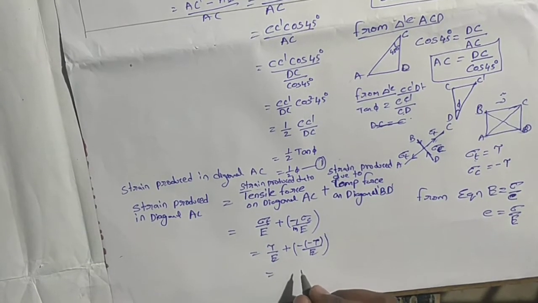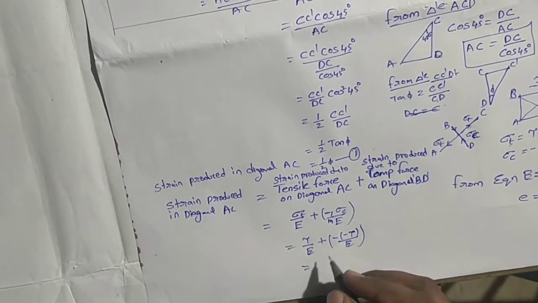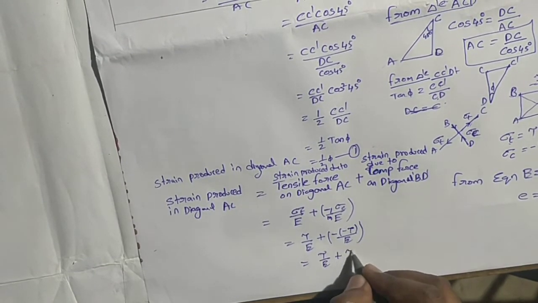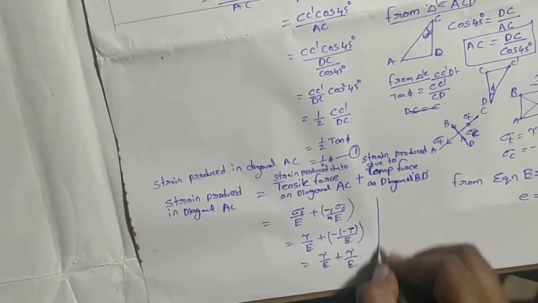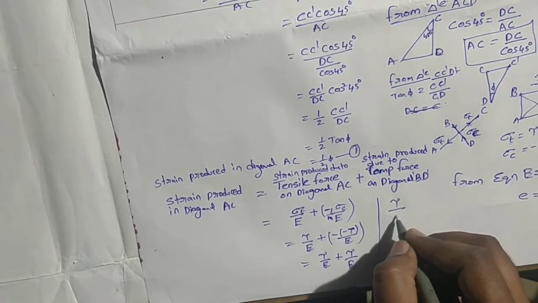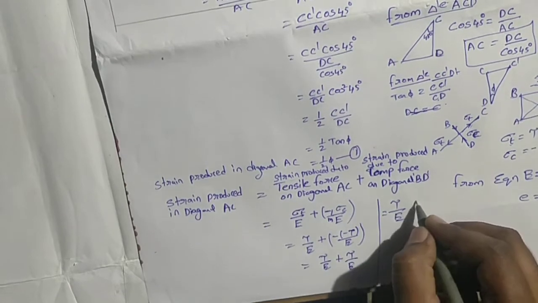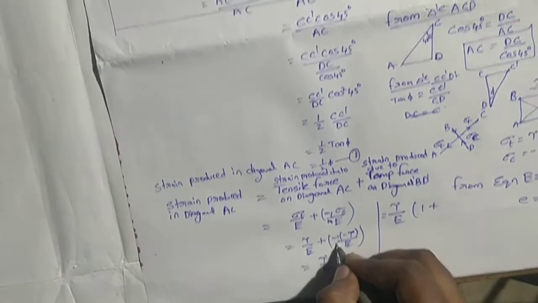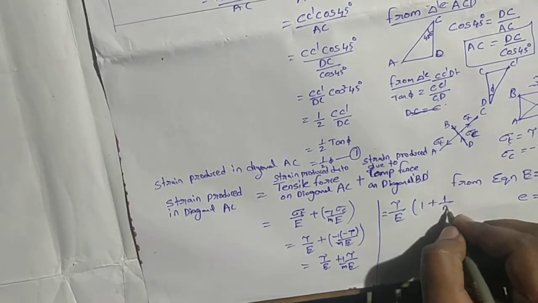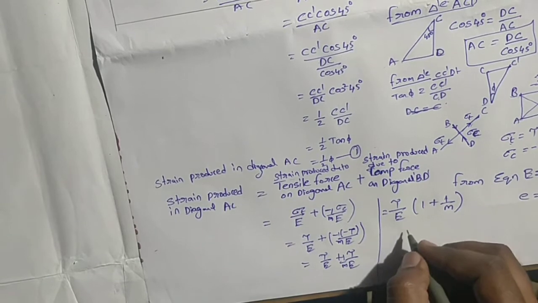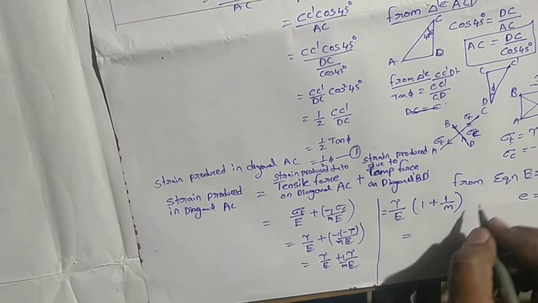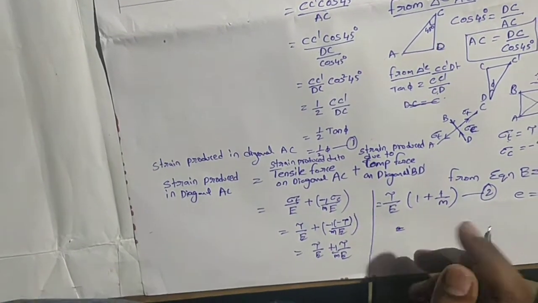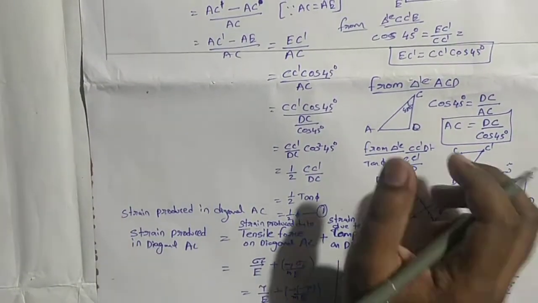The final equation is tau by E plus tau by E. Therefore, I am taking tau by E as common: 1 plus, sorry, here 1 by m is there, 1 plus 1 by m. It is equation 2.